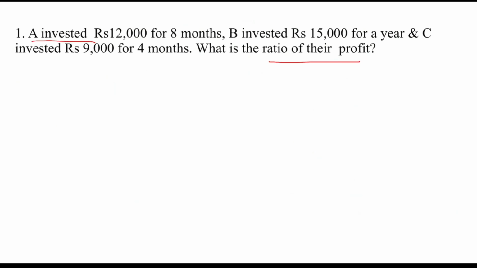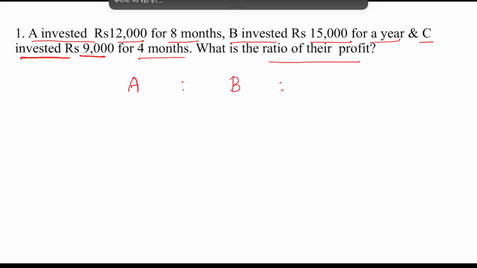A invested 12,000 for 8 months, B invested 15,000 for a year, and C invested 9,000 for 4 months. What is the ratio of their profit at the end of the business? They are asking for the profit ratio, A is to B is to C.